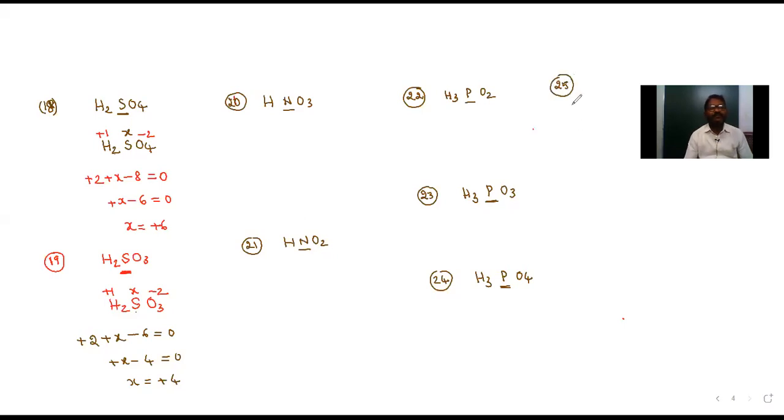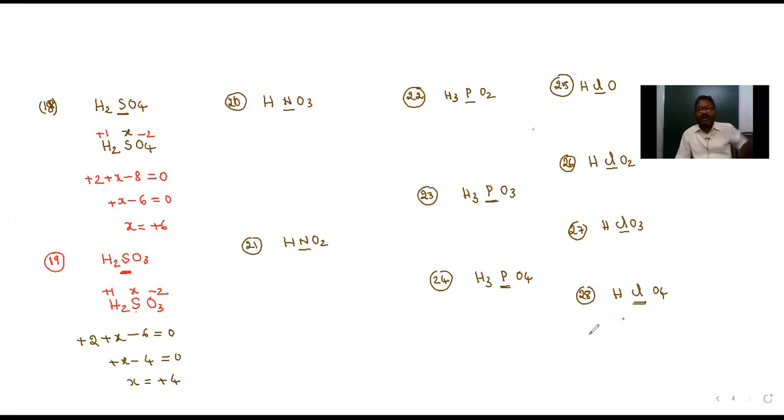Understand? HClO, HClO2, HClO3, HClO4. I want it for chlorine. You try for these compounds.